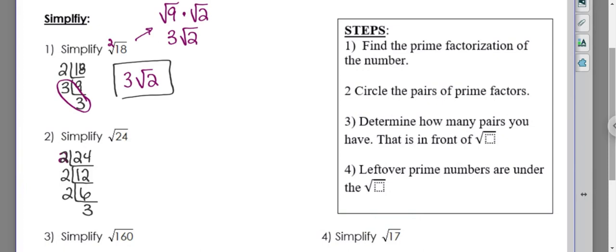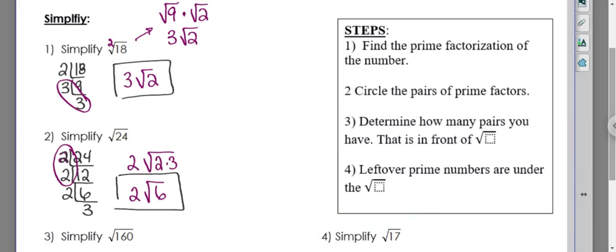So again, looking for groups of 2 numbers, I have a group of 2s. I do not have any more numbers I can group together. So whatever is left, 2 times 3, stays under the radical. So 2 root 6 is my final answer on simplifying.